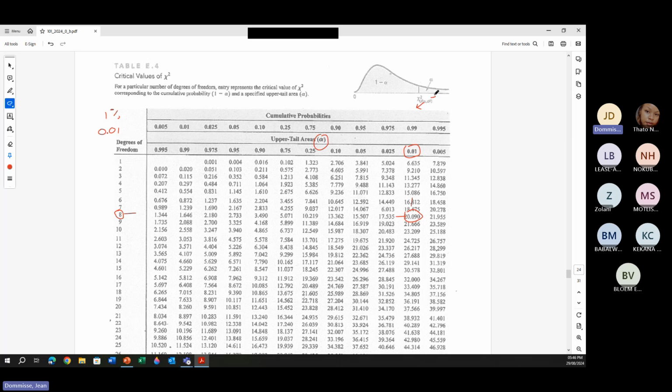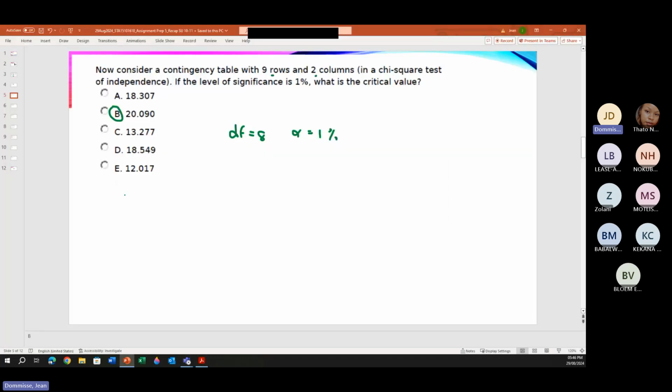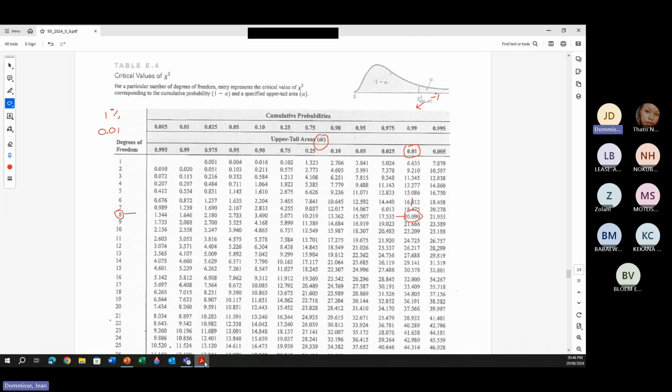So not alpha divided by 2. Just remember that one as well, because if we divide by 2, there is another number for us.